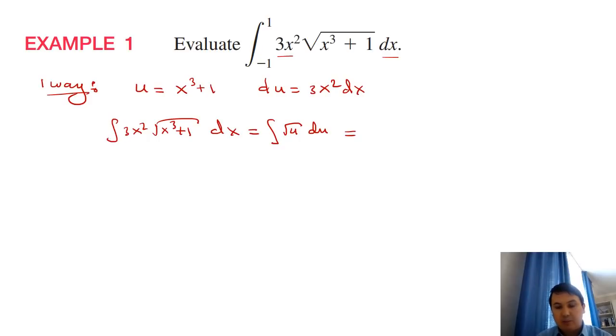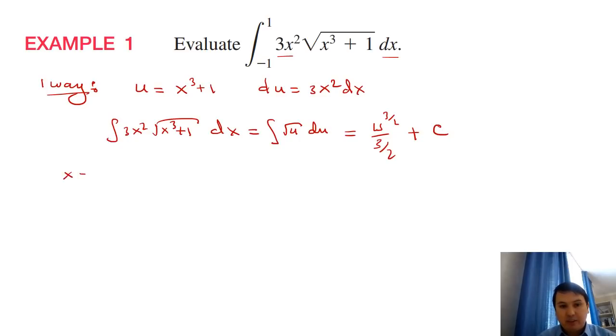What is the antiderivative? Well, square root of u is u to the 1/2, so this is u to the 1/2 plus 1, which makes it 3/2, divided by 3/2, plus a constant. So that's the indefinite integral. Now let's go back to our definite integral and let's find the limits.